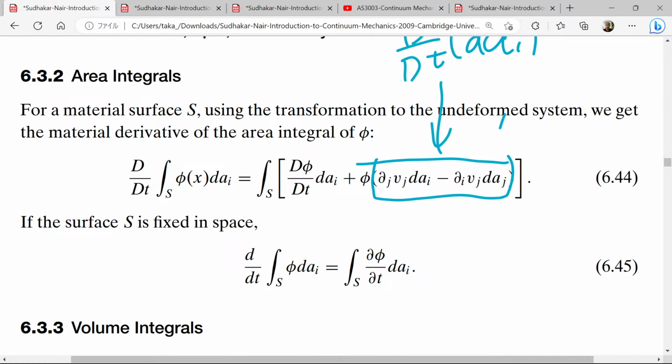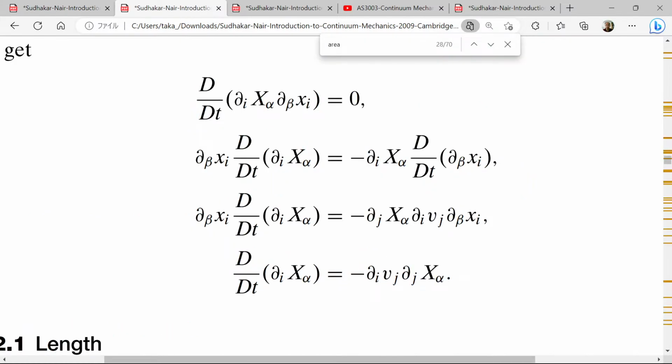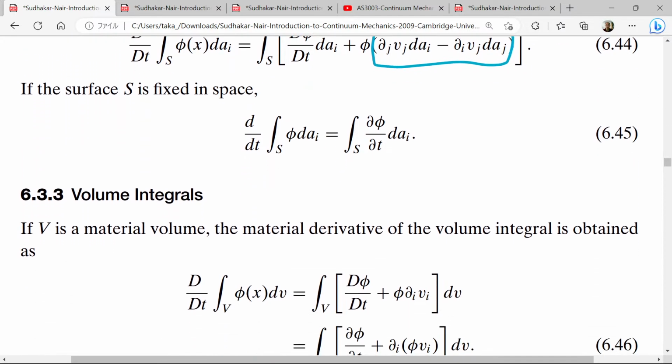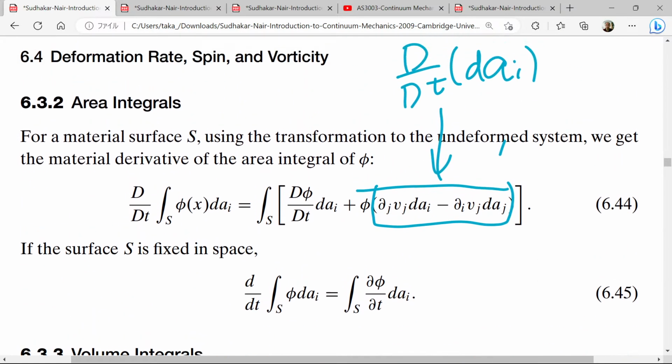Hmm? I got confused. This is finished, right? What did I say?